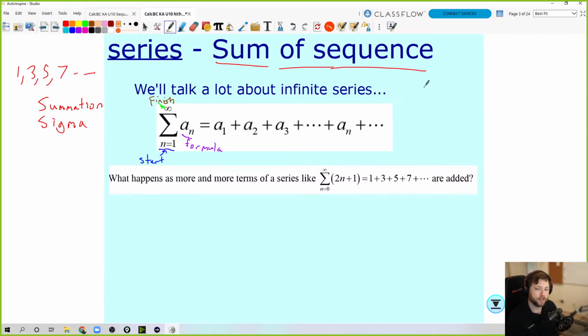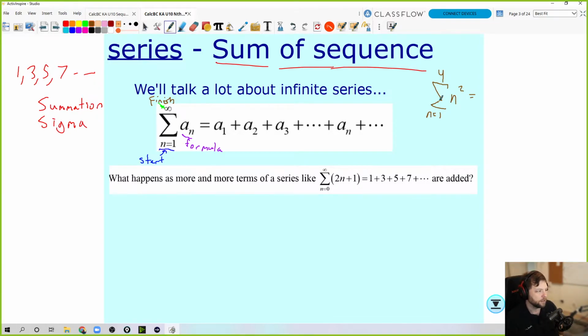I want to do an example over here on the side. What if I said sigma notation, and it's going to be n squared from n equals 1 to 4. What that means is n is our variable in here. Why are we using n instead of x? I don't know.